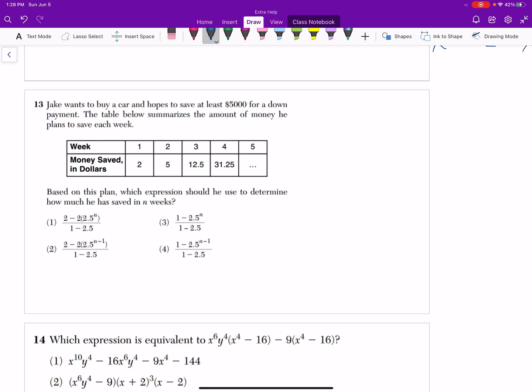Question 13. Jake wants to buy a car and hopes to save at least $5,000 for a down payment. The table below summarizes the amount of money he plans to save each week. Based on this plan, which expression should he use to determine how much he has saved in n weeks? So if we're looking for how much he saved, we're looking for his total.